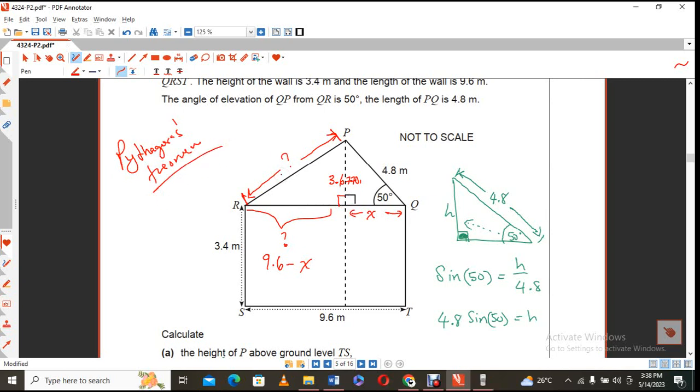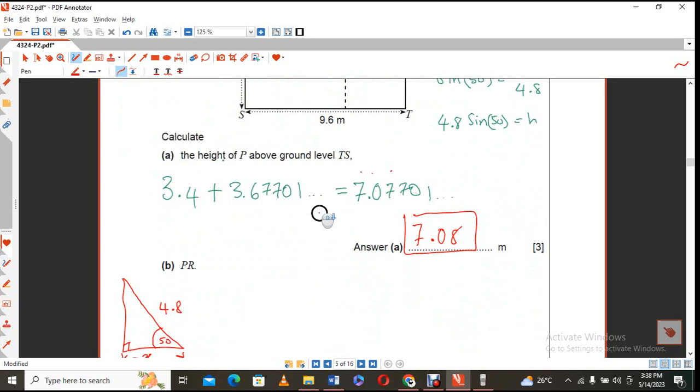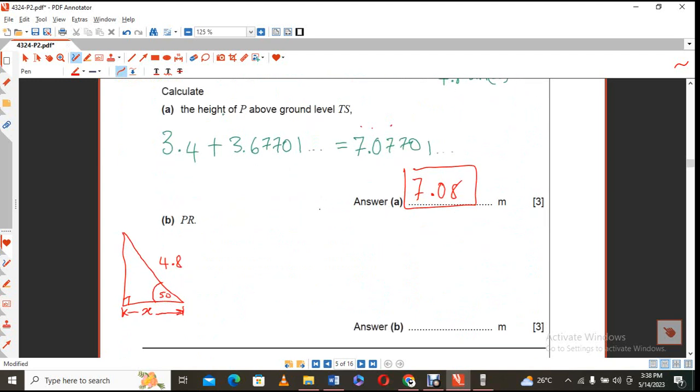So let me first calculate what that value of x is. That's why I drew that triangle over there. In order for me to find the value of x, I have to use the cosine of 50 degrees, because the cosine sees whatever is adjacent to the angle, in this case x, divided by the hypotenuse, which is 4.8.